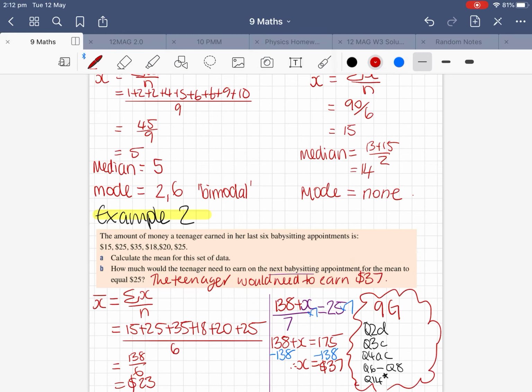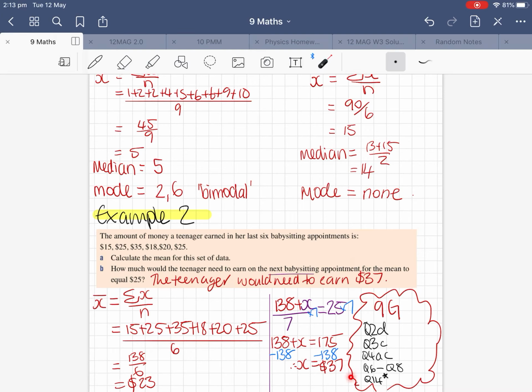And what you might notice about that $37, guys, is that it is much more than he's earned in any of these previous ones. He has earned $35, or she has just earned these $35 in one of her sessions. So if we wanted to make it a little bit more complex, we could ask you to discuss whether this was a reasonable expectation for the teenager to earn in their next babysitting appointment.